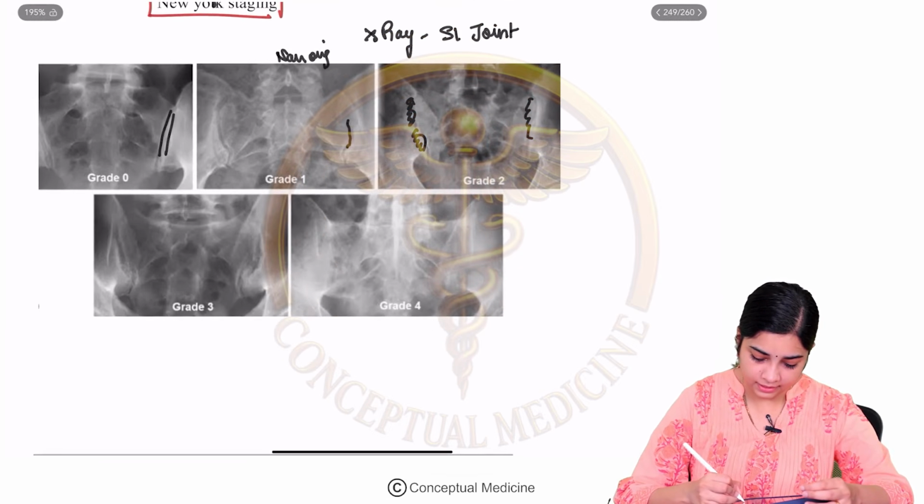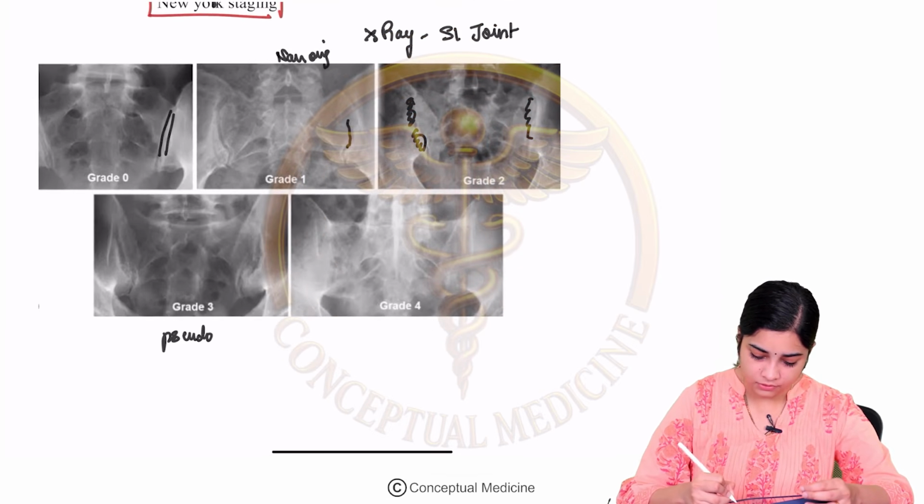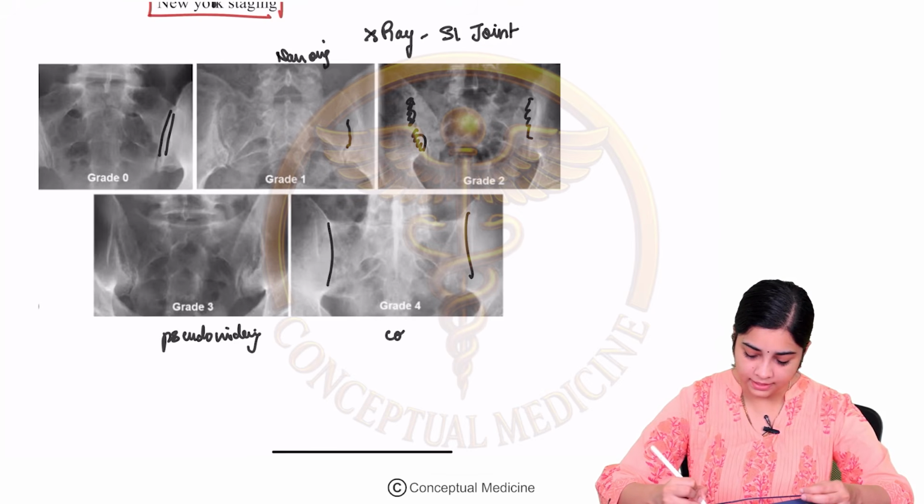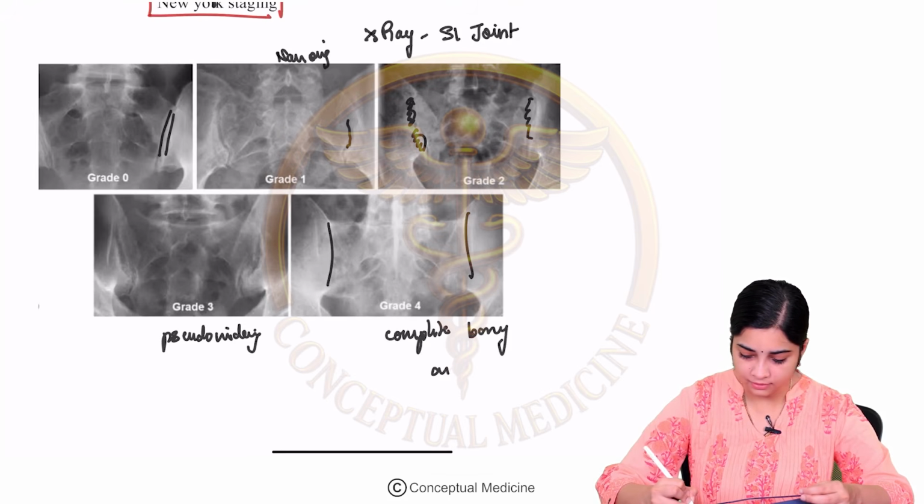Then in grade 3, you have something called pseudo widening. And in grade 4, there is no space at all, and this is what we call complete bony ankylosis.